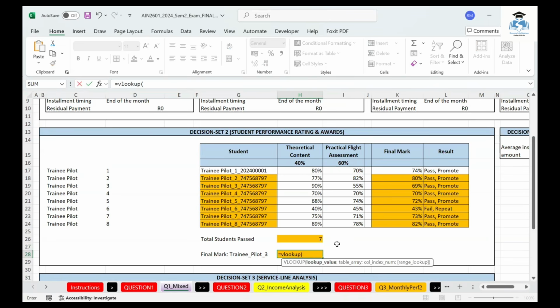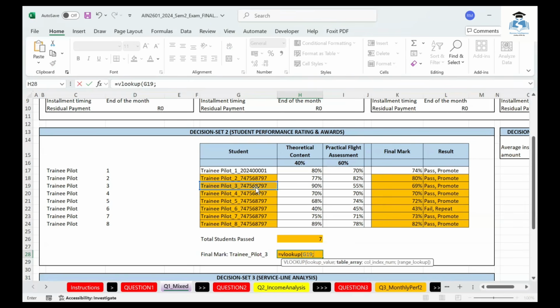The lookup value, where do we get it? It's G27. No, this one is the final mark, so we use this one, G19. Okay, yes, G19.